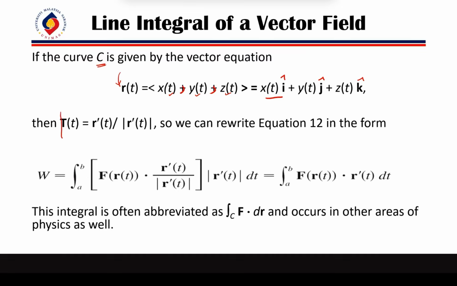Then we substitute T, which is equal to r prime(t). r prime(t) is equal to dr/dt, which we get by differentiating the vector equation in order to get the curve in terms of t. So we can rewrite the equation, cancel this out, and we get this equation F(r(t)).